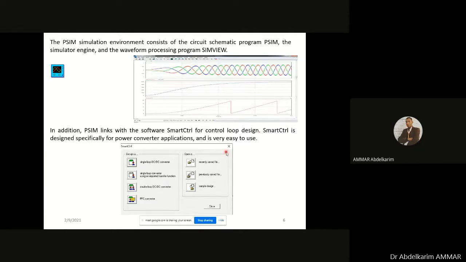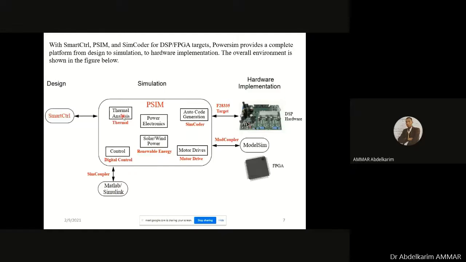In addition, this application, called SmartCtrl, is specifically for the design of power converters. You can see here, this is another application. We may use it someday, specifically for the design of power converters. Like here you can see single loop DC converter, DC converter, PFC converters.